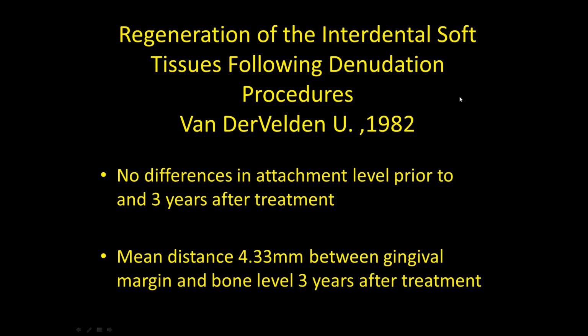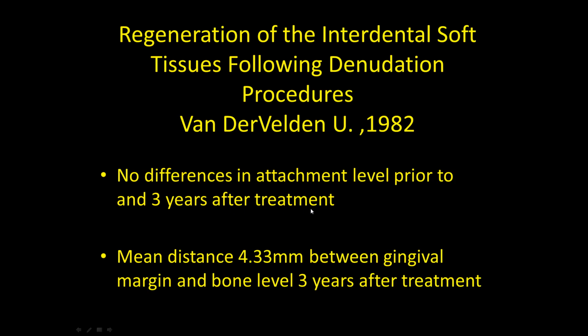That was a study in 1982, and they called it denudation. Denudation means they literally remove the papilla from the patient down to the bone and wait to see how the tissue is going to react. What they say is there's no difference in attachment level prior to and 3 years after the treatment.